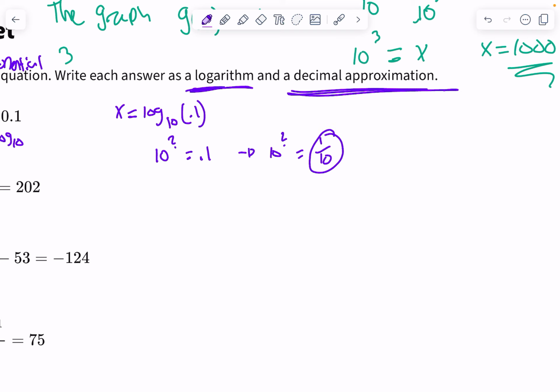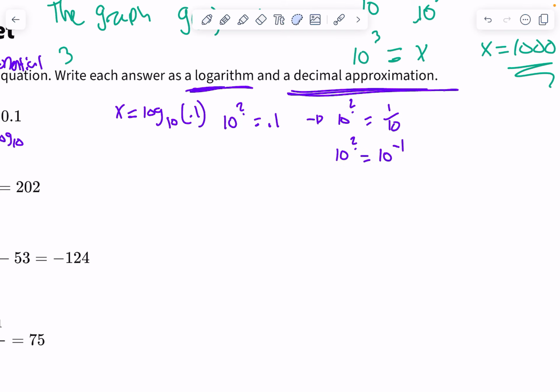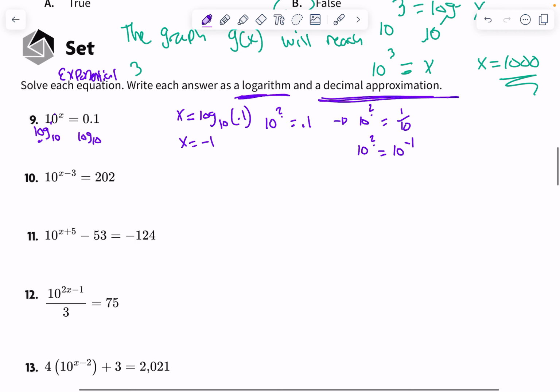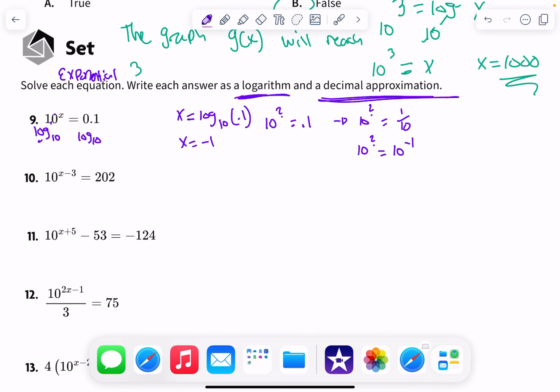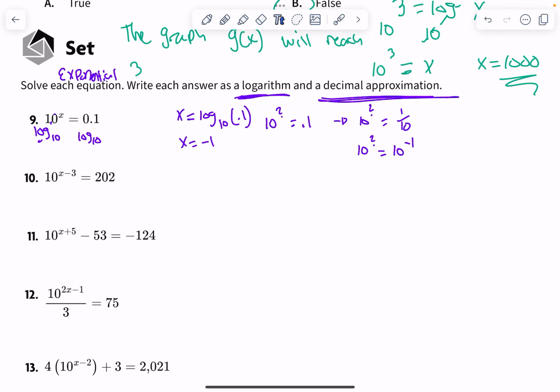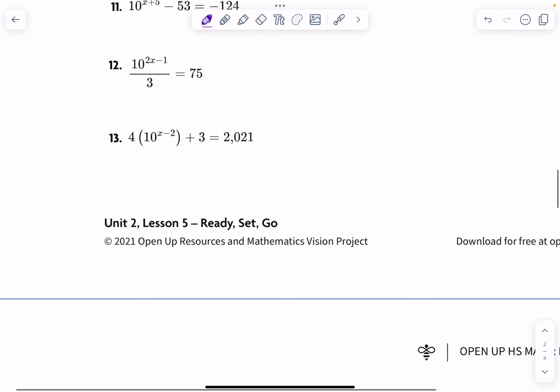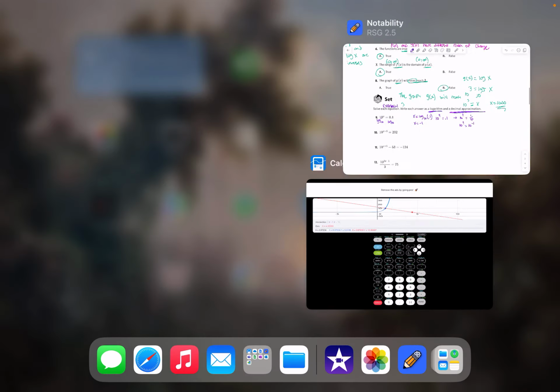Now I know that 10 to the question mark is equal to 10 to the negative 1. So my question mark here is equal to negative 1. So this x is equal to negative 1. Okay? Now we can go ahead and solve for that in a calculator. So where's my handy dandy calculator? Where is it? Oh, not there.